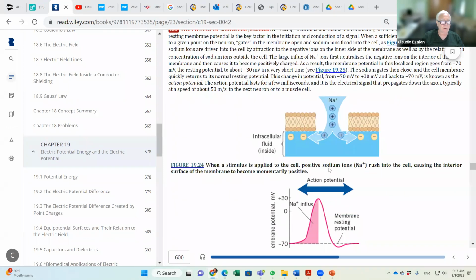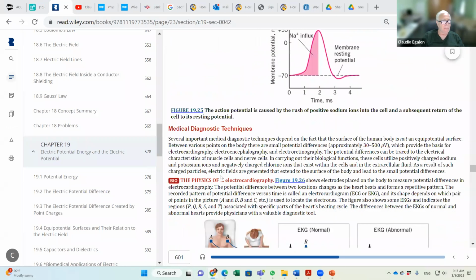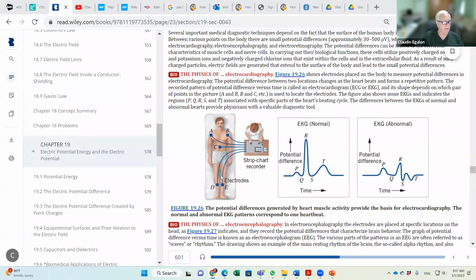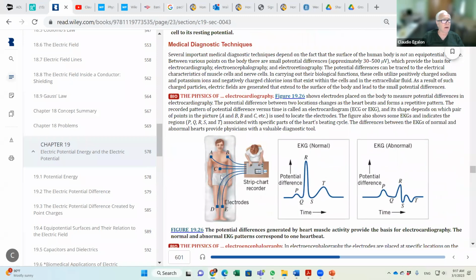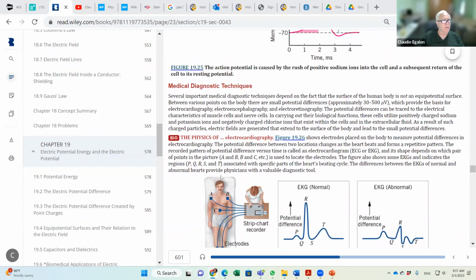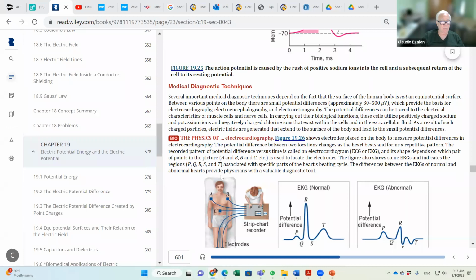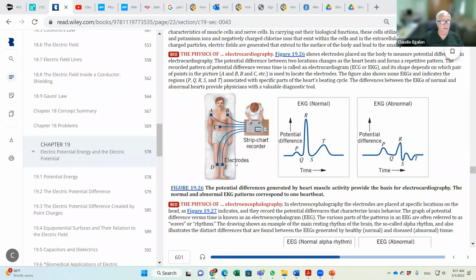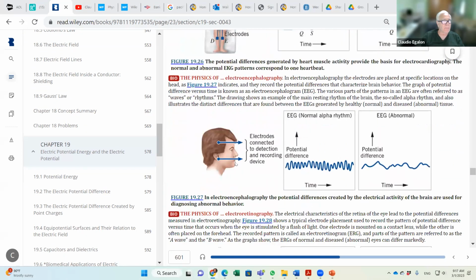Here is the example of a sodium channel. And here's another application of physics, electrocardiography, in which you measure the electric potential or the potential difference in the human body. We also have electroencephalography, a similar device that also measures the electric potential difference, but in the brain.